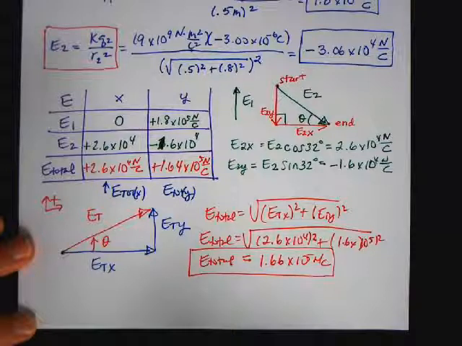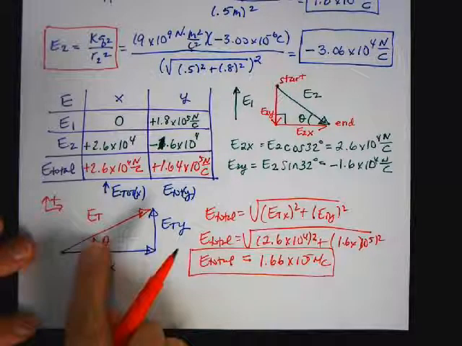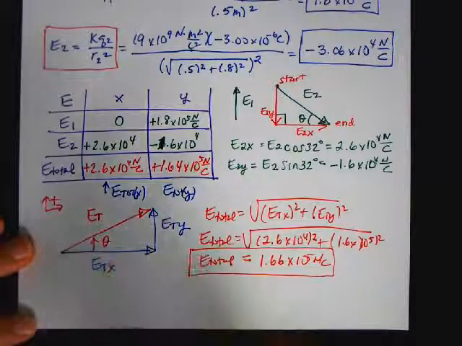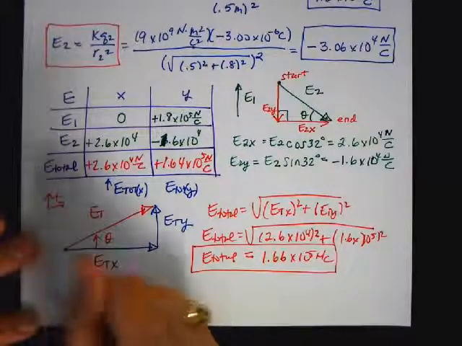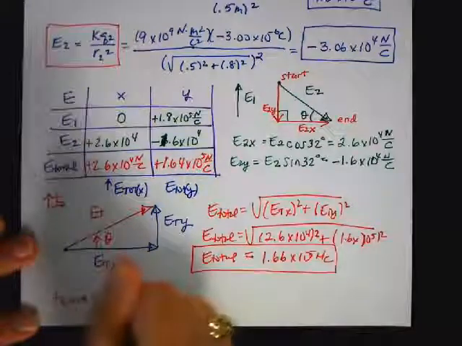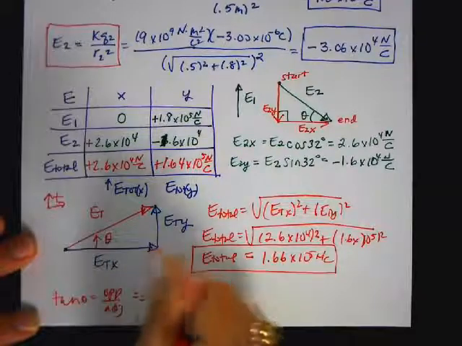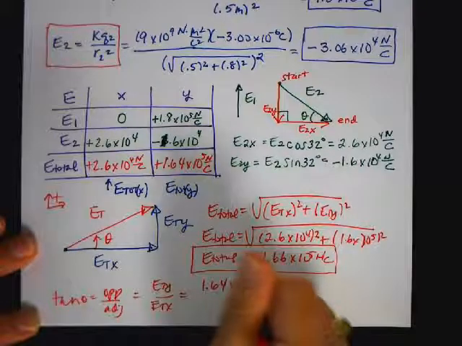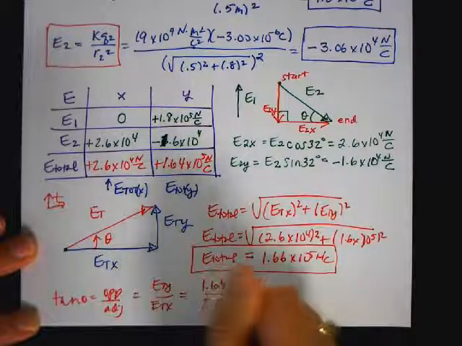So now, to find this angle, I have opposite and adjacent, which means I can use tangent. So tan of theta is equal to opposite over adjacent. So ETY over ETX. So 1.64 times 10 to the 5 over 2.6 times 10 to the 4.